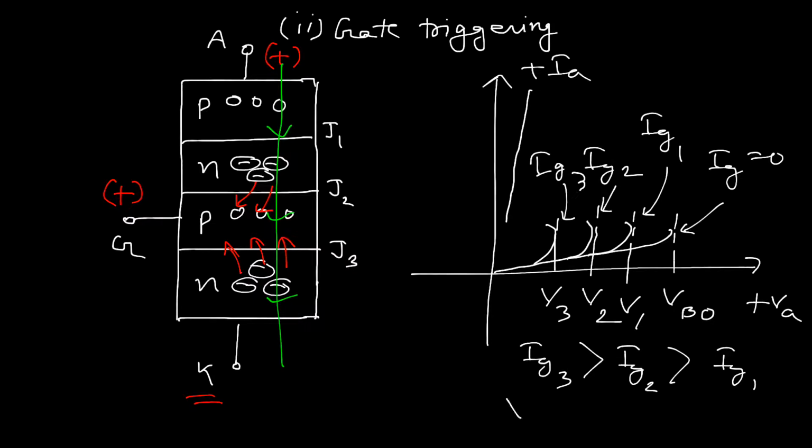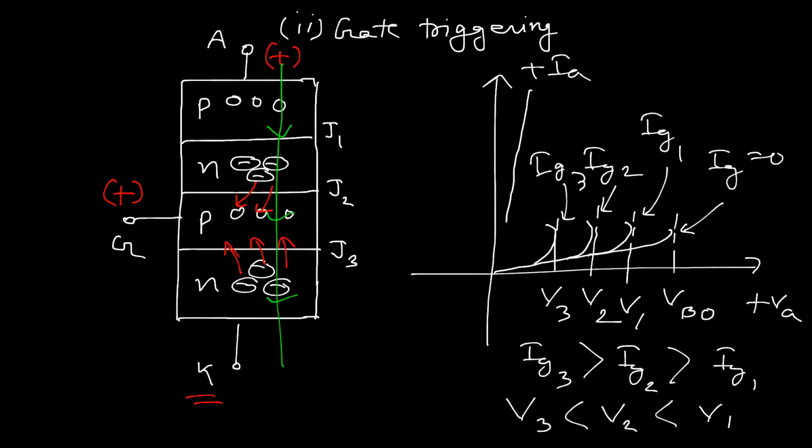That means the breakover voltage V3 is less than V2, which is less than V1. So we conclude that as we increase the gate current, the breakover voltage of the thyristor is reduced. That means for any thyristor specification, we can work under normal working voltage, but we should apply the appropriate amount of triggering pulse across the gate.